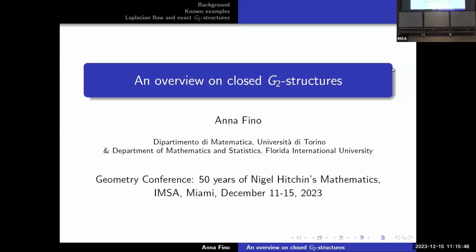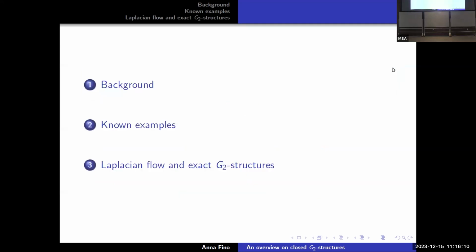That paper was published in the proceedings of the conference dedicated to the memory of Alfred Gray, who gave a great contribution to G2, organized by Marisa Fernandez, who is another person that will be very important for G2 geometry.